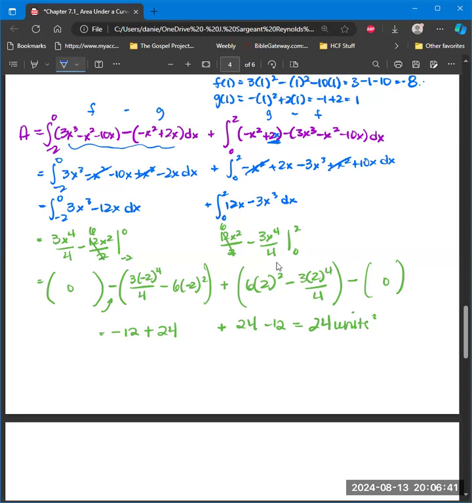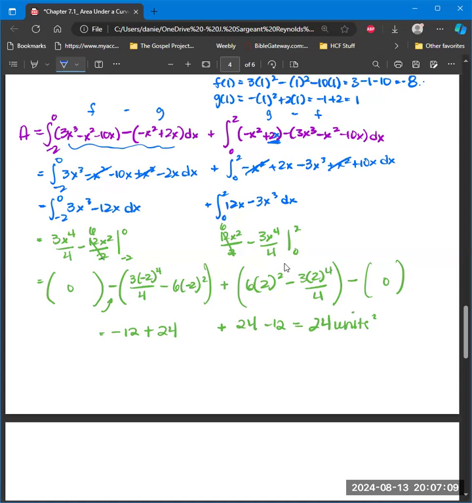And then over here, I'm going to add the other region, and I have -x squared plus 2x minus the quantity 3x cubed minus x squared minus 10x. So when I distribute this negative, this is going to be a -3x cubed, then -x squared and positive x squared here will zero each other out, and plus 10x.